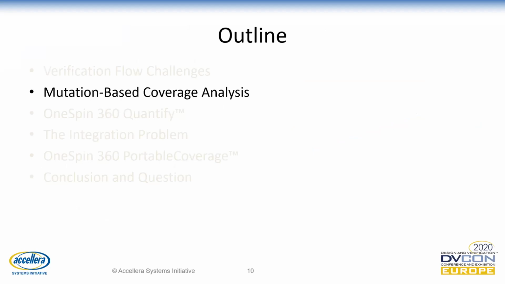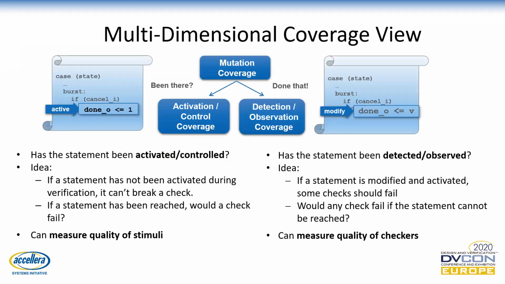How do we tackle this, so how do we make sure we are not getting inconclusive formal coverage results? Let me introduce the technology that is under the hood of Quantify, and it's the mutation-based coverage analysis. What is mutation coverage analysis?